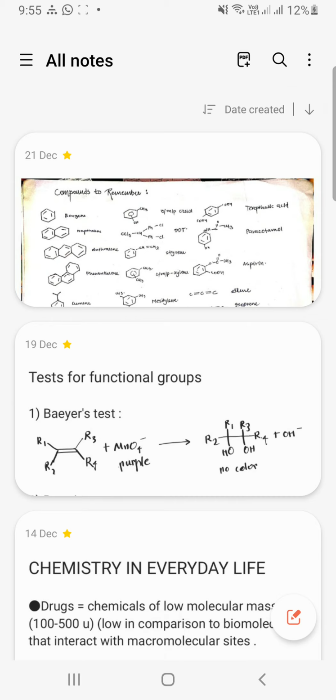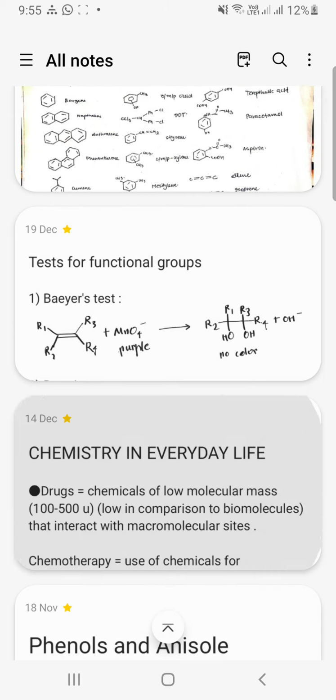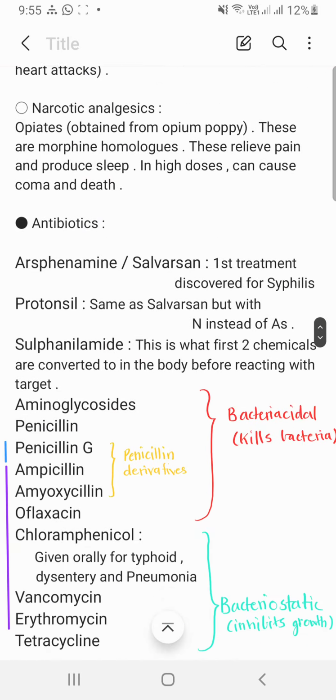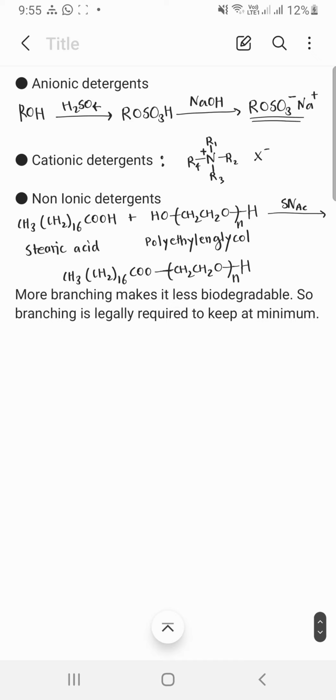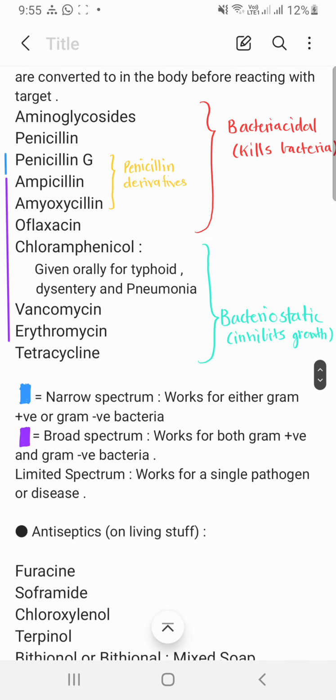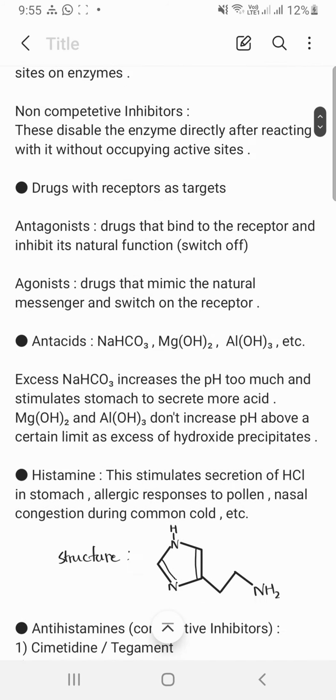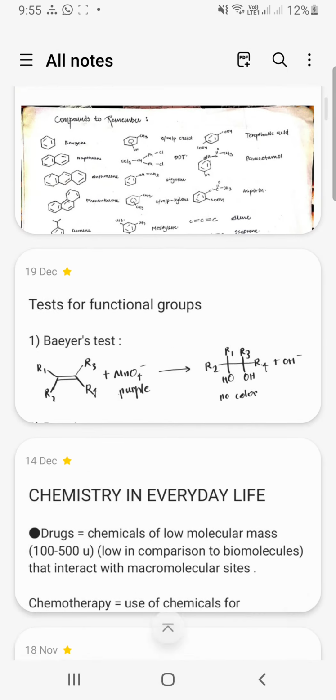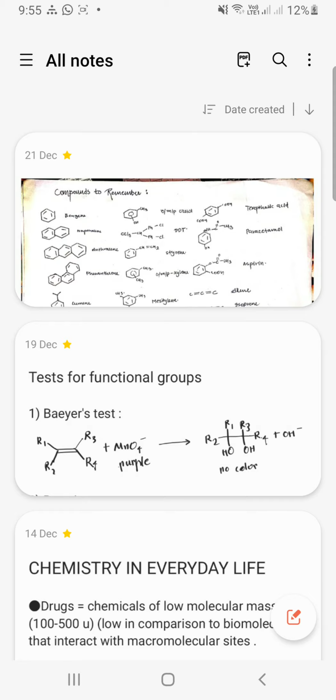What else do you have? You have chemistry in everyday life. This is also something that involves a lot of memorization, and it's not even exactly JEE stuff. It's a lot of biology and things over there. I don't want to get into pharmacy, so this also needs so much memorization.